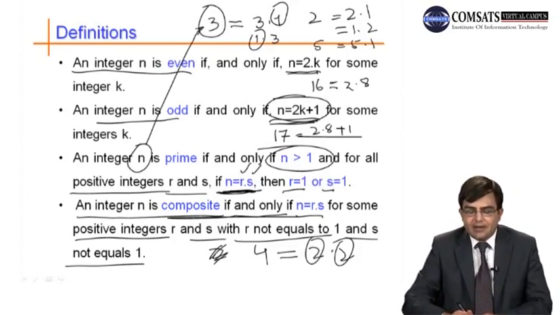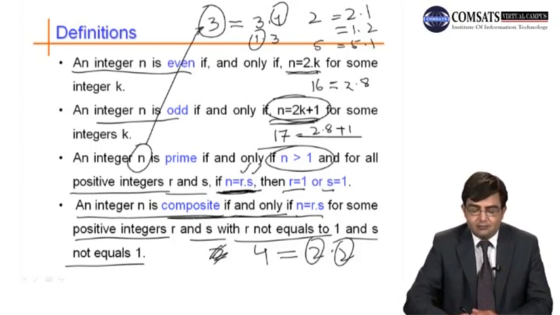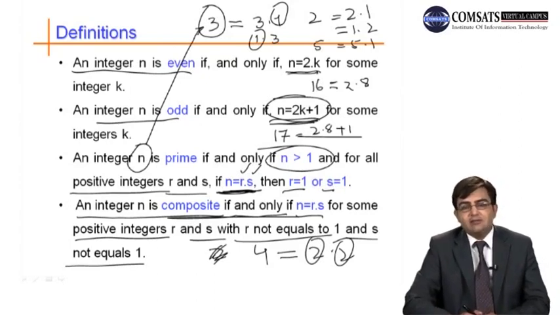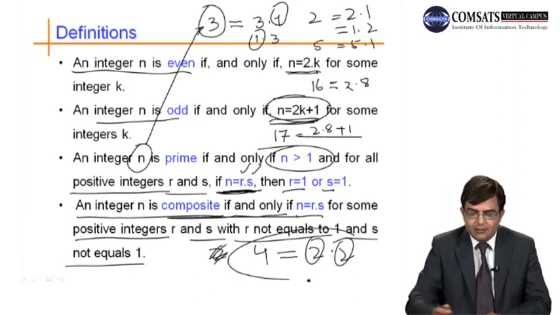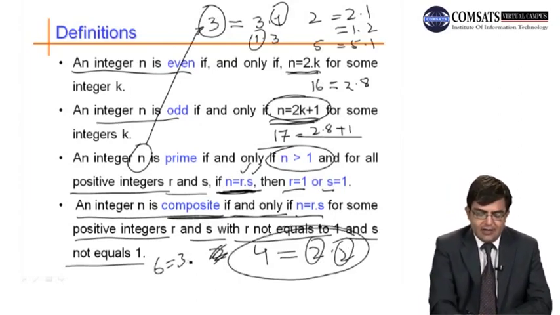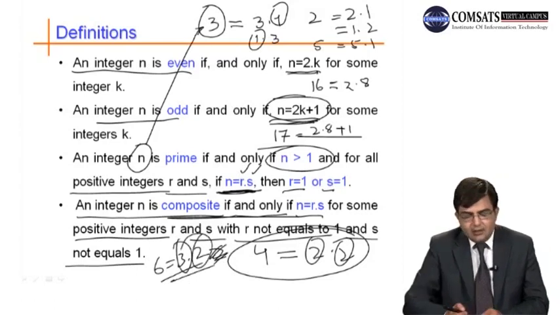So a composite number can be written as a product of two positive integers, none of which is equal to 1. For example, 6 can be written as 3 into 2. Since neither 3 nor 2 is 1, 6 is a composite number.